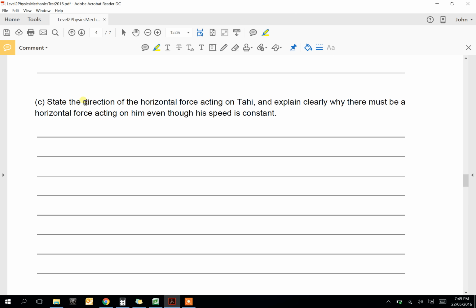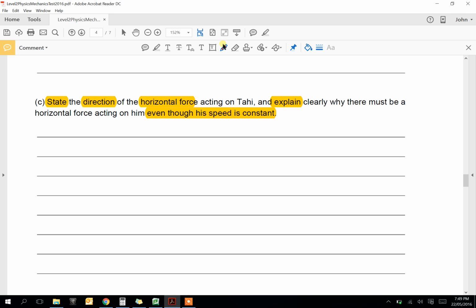State the direction of the horizontal force acting on Tahi, and I've got to explain why there must be a horizontal force even though his speed is constant. Okay, so I've got to remember this about forces and motion.